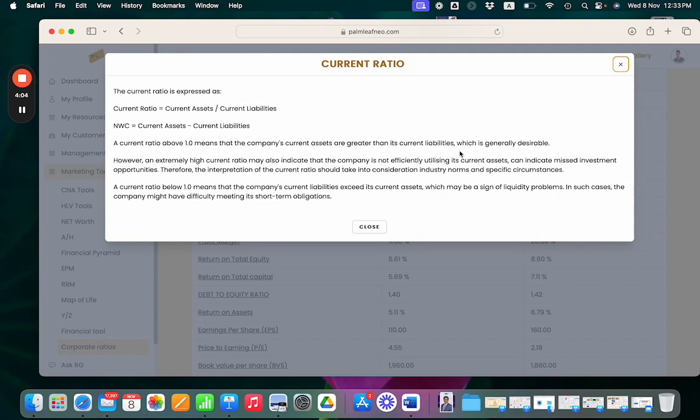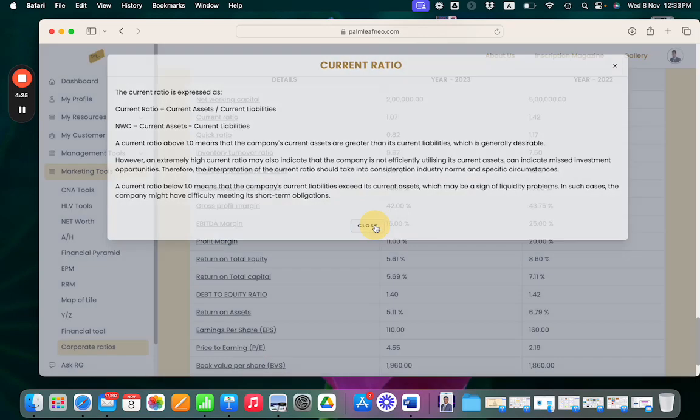However, a very high current ratio indicates that the company is not efficiently using its current assets. Maybe they are missing out on some investment opportunities. If the current ratio is below 1, then the company may find it difficult in meeting its short-term obligations.